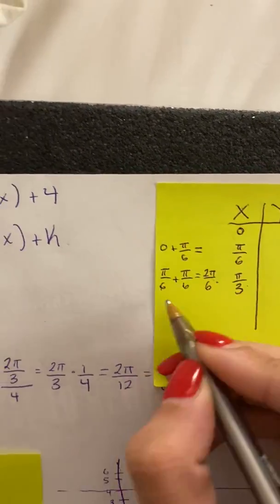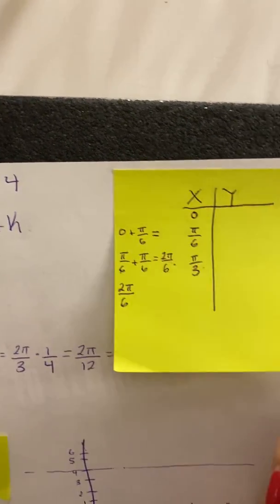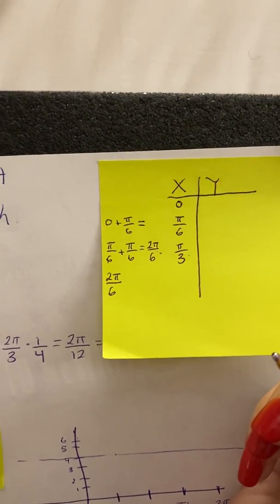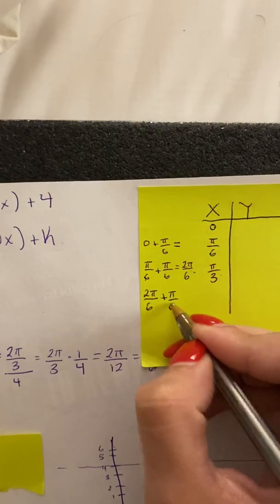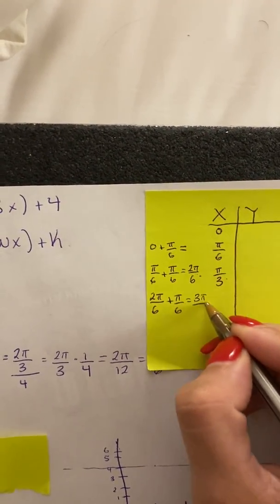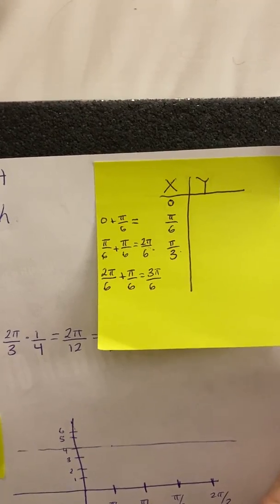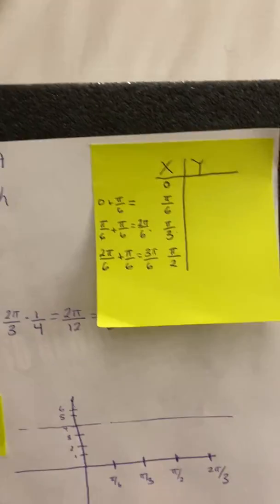It's just easier to add because it has the same common denominator that we've been talking about. So we've got 2 pi over 6 plus another pi over 6 for our next interval, which will give us 3 pi over 6. And this fraction will simplify to pi over 2.